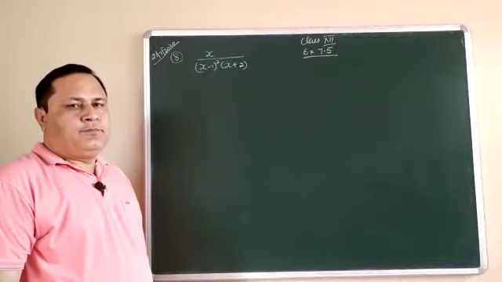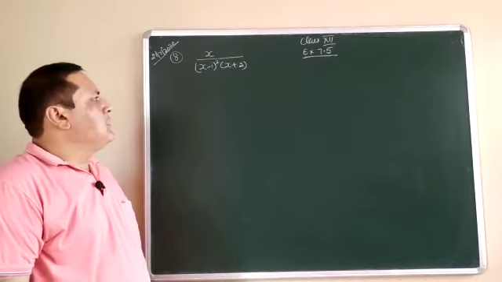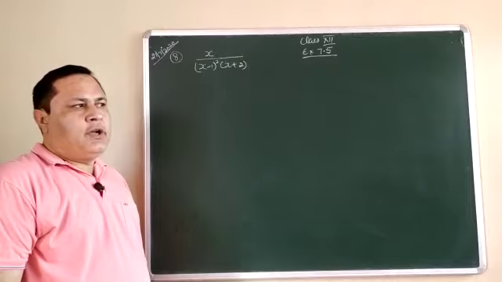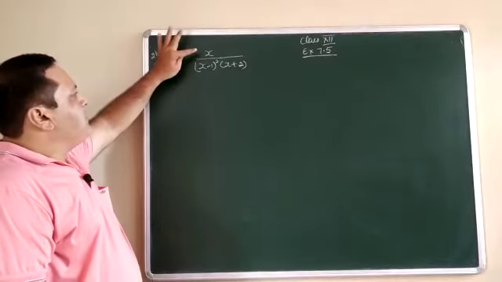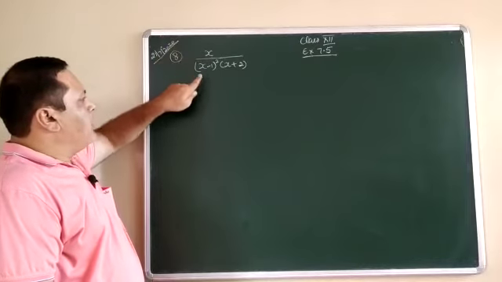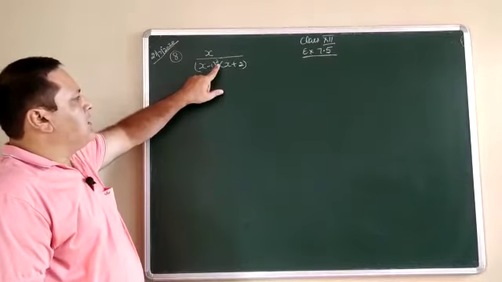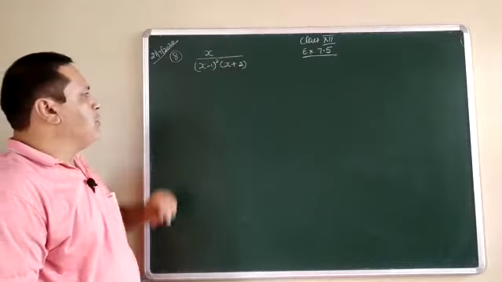Good morning, students. Today we shall discuss one more concept related to integration by partial fractions. The expression given is x upon (x minus 1) whole square into (x plus 2).